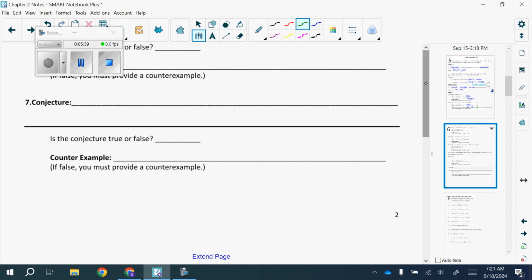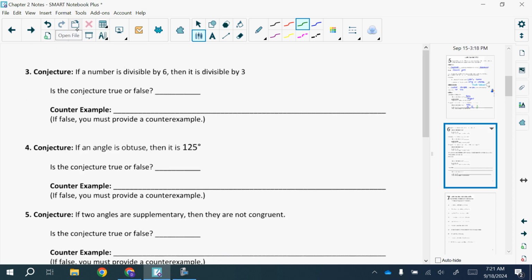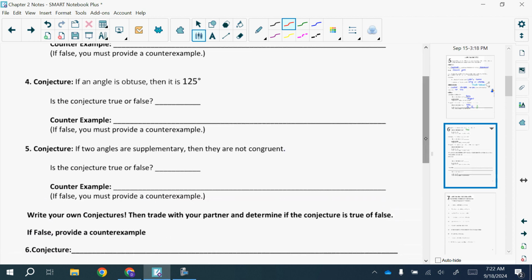Let's go on to some of the others. So conjecture 3, if a number is divisible by 6, then it is divisible by 3. This is true. We might be able to prove this later, but again, same thing, like if you're divisible by 4, then you are divisible by 2. Conjecture 4 states if an angle is obtuse, then it is 125 degrees. So again, this is false.